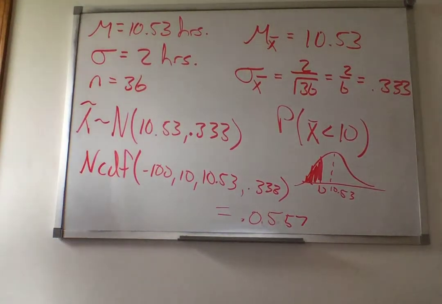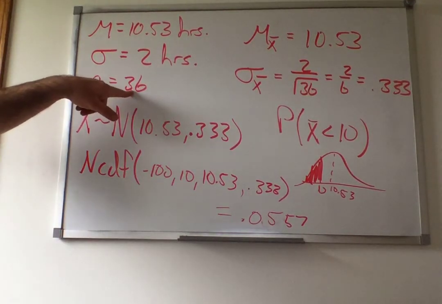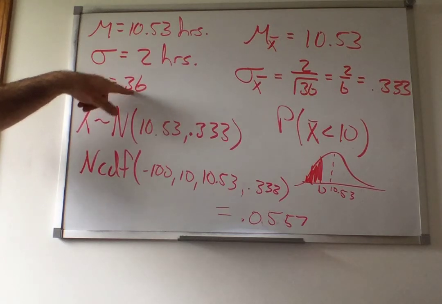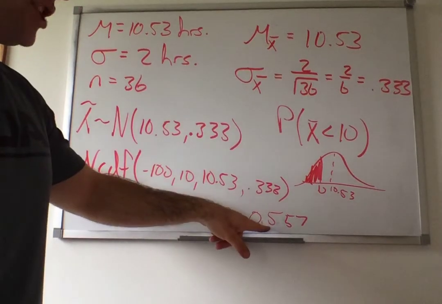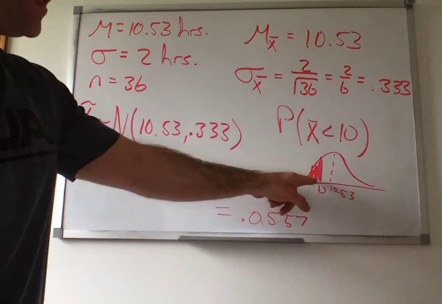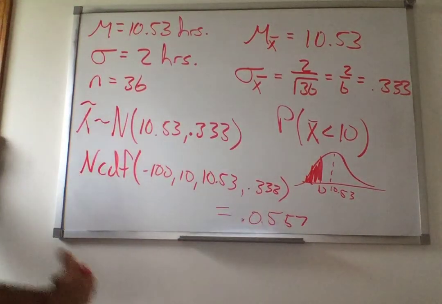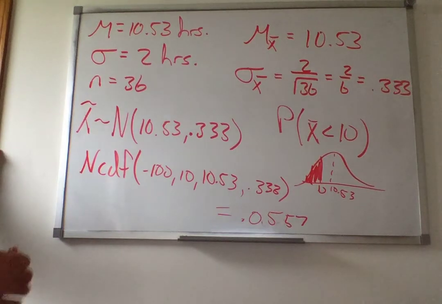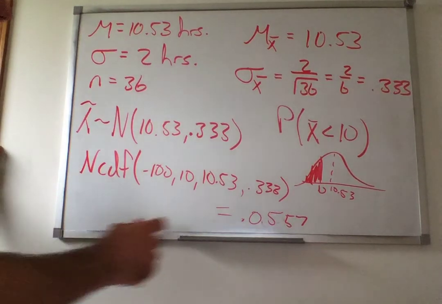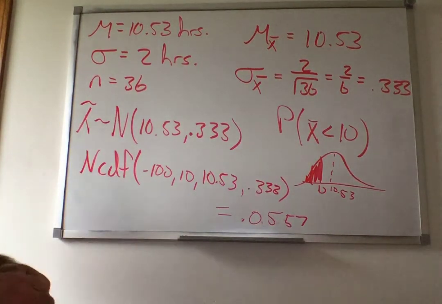So what this is saying is that if I pull samples of size 36 from this distribution, there's a 5% chance that the average of that distribution is less than 10 hours. That's what this number is saying down here. I've got a 5% chance that if I choose one of my samples, the average will be less than 10 hours to complete these IRS forms.